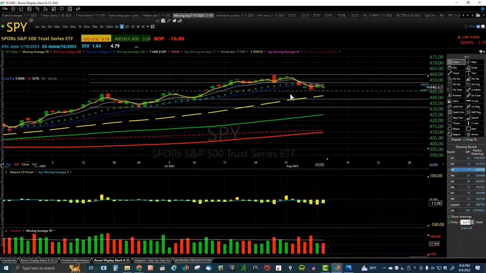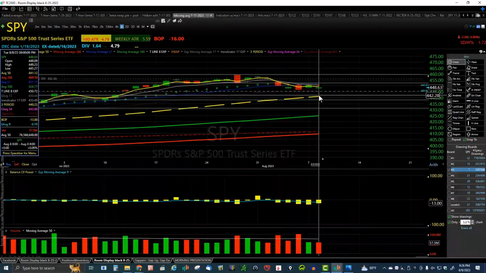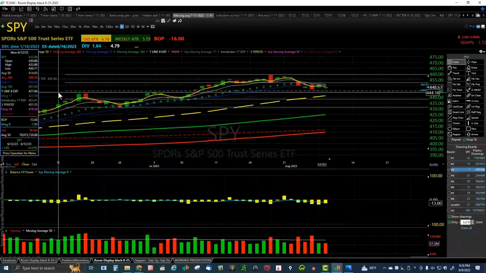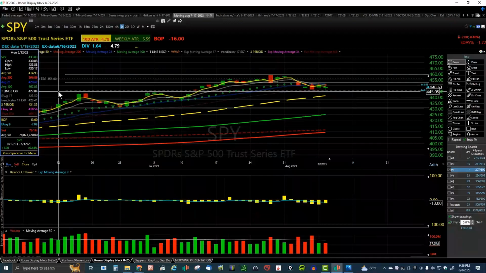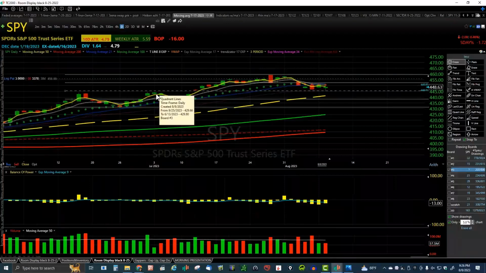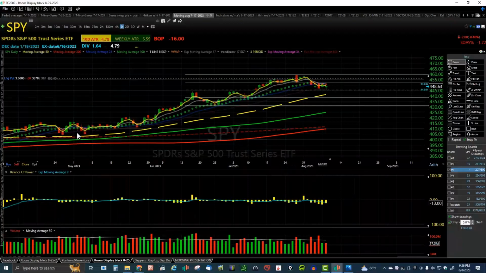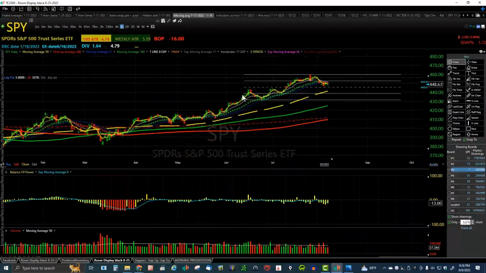The low, 445.27. Where's the midpoint? Like 445.50, right about there. Right on top of the minor support. See that? From the low to the high. It went up, makes the leg up, and then pulls back. From this low up to this high. Now you can go back as far as you want, but I take them up in legs like that. Does that make sense?